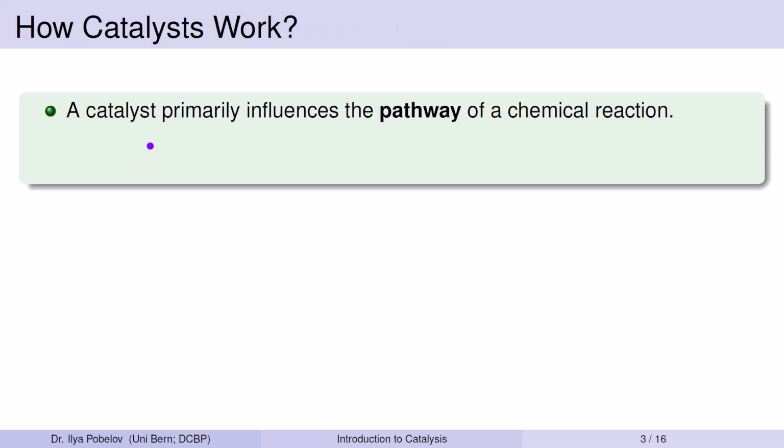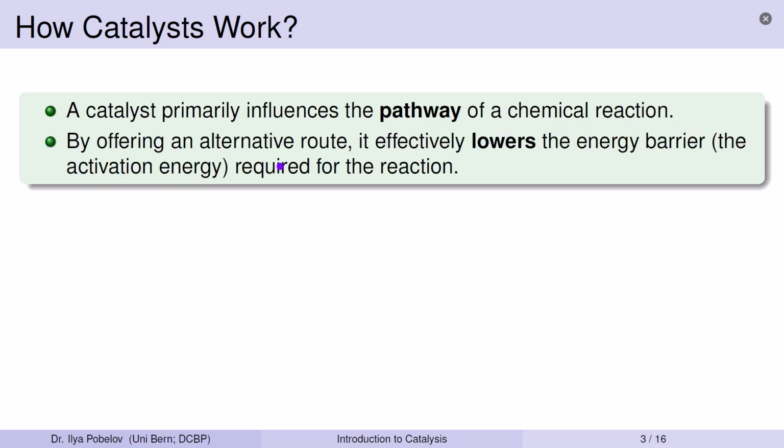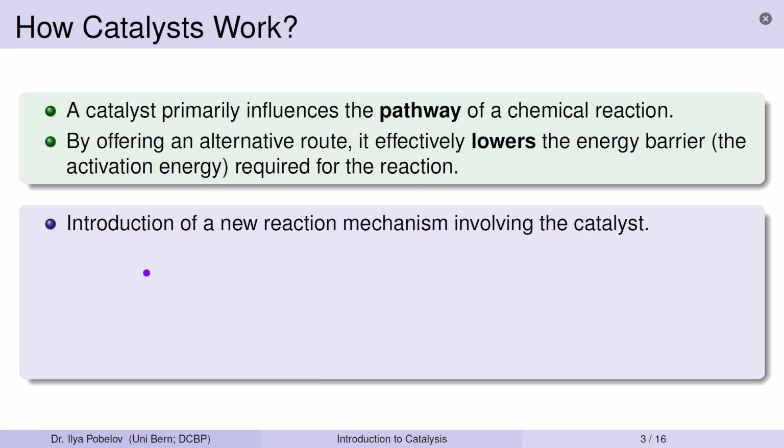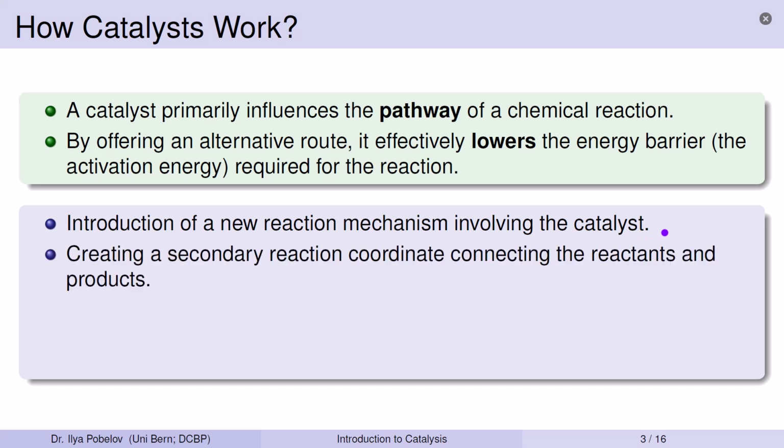A catalyst primarily influences the pathway of a chemical reaction. By offering an alternative route, it effectively lowers the energy barrier, the activation energy, required for the reaction. This is achieved through the introduction of a new reaction mechanism involving the catalyst, creating a secondary reaction coordinate that connects the reactant and products.